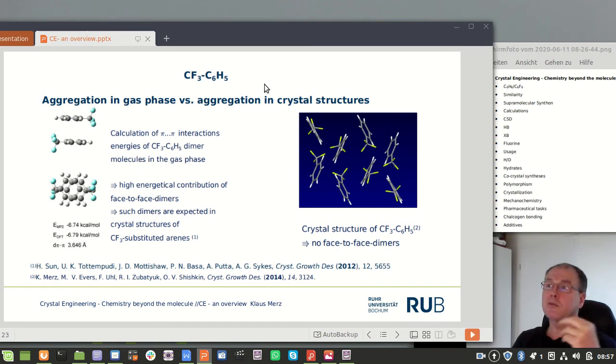We have shown, for example, in this case CF3 substituted benzene, it is not helpful to look at the optimized dimer aggregates in the gas phase and use this result to analyze and interpret the crystal packing.